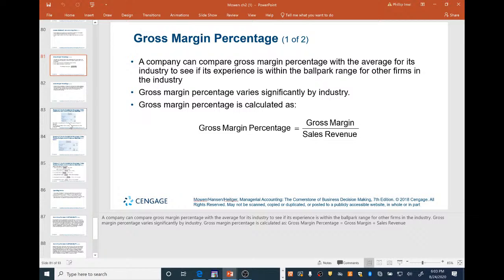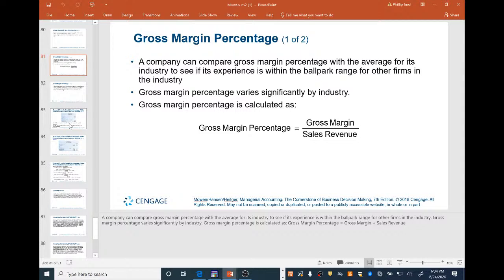Gross margin percentage is calculated as gross margin divided by sales revenue. It tells us what percentage of the sales is the gross margin. You want to be around 35-40%, right around 37 and a half, I believe, to be able to cover your costs.